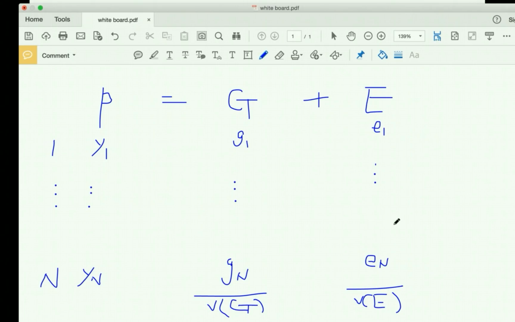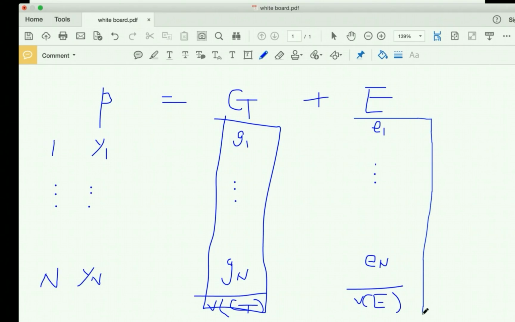That's simple. But in a real situation, the problem is you never observe this G directly. Also, you don't know this vector of residual values. What you can observe is only these phenotypes.